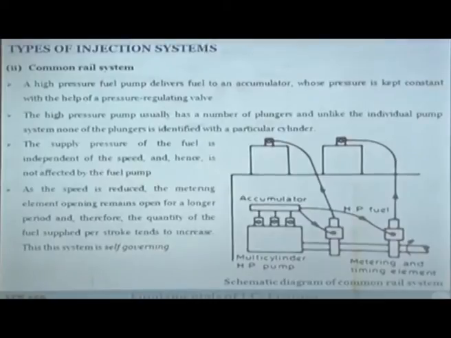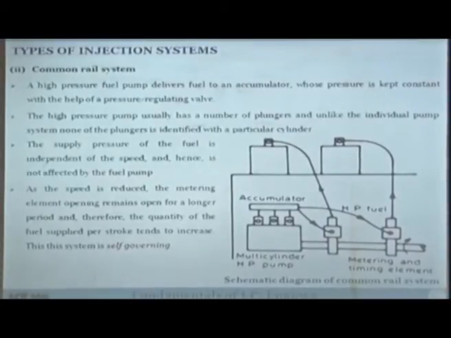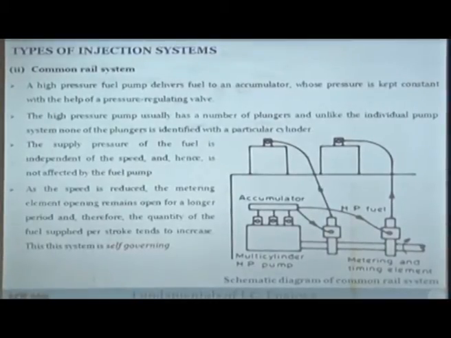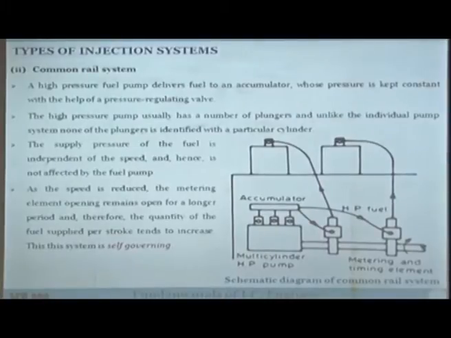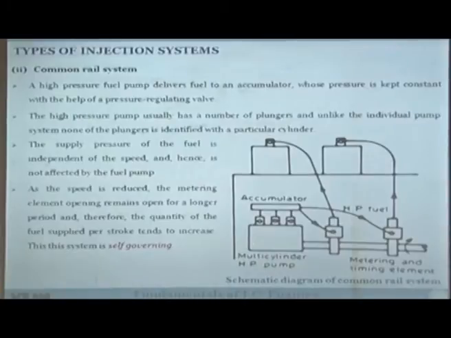So, in order to avoid this, the common rail system is used. In the common rail system, you have a multi-cylinder high pressure pump. There could be multiple cylinders inside the pump which are pushing the fuel, but ultimately the fuel comes to the accumulator. An accumulator is nothing but a high pressure tank.